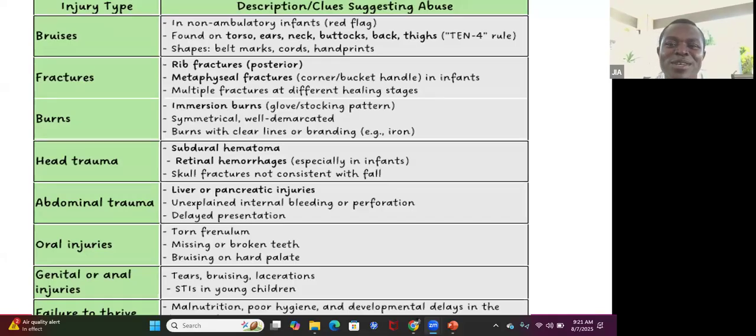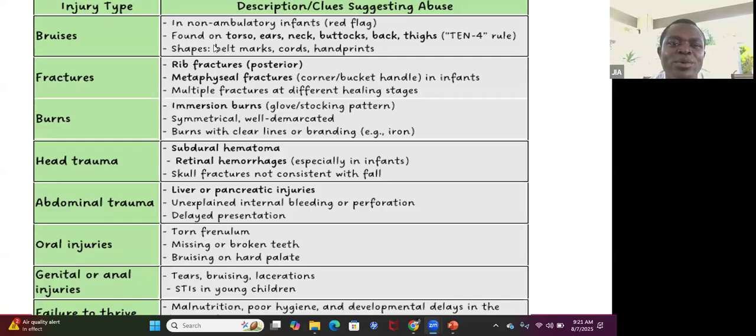What it means is that for bruises around the T, which is torso, E, which is ears, and N, which is neck, for all people less than 4 years, if they have bruises around these areas, you should suspect abuse.